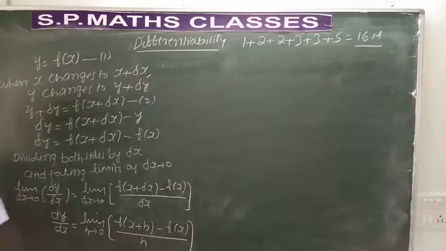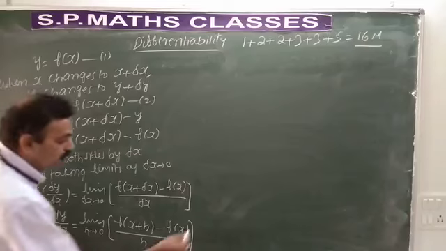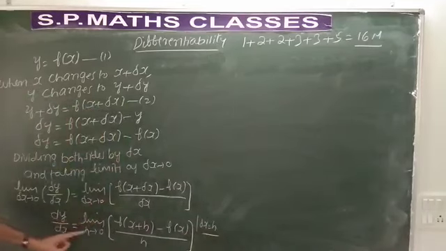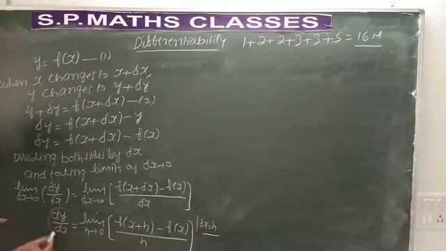Delta y is the change in y, delta x is the change in x. When delta x is very small, when it approaches 0, that is defined as dy by dx, taken as limit as h tends to 0, f of x plus h minus f of x divided by h. That means dy by dx means derivative of y with respect to x.